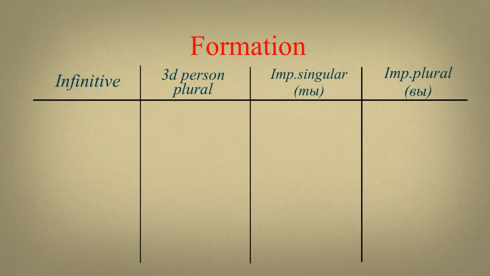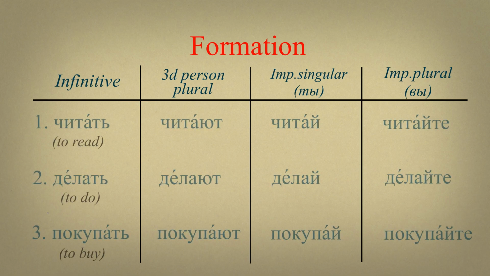Let's see examples of verbs in the imperative forms and figure out how to form it. Let's read examples, which you can see in the table. Читать, читают, читай, читайте. Делать, делают, делай, делайте. Покупать, покупают, покупай, покупайте.